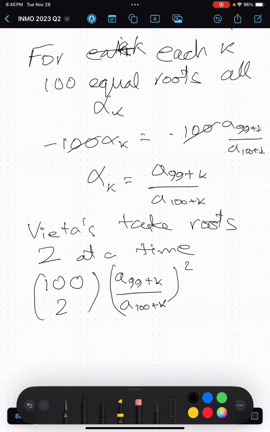And we also know that it is equal to the coefficient of x to the power 98 divided by the coefficient of x to the power 100. So from there we get a 98 plus k by a 100 plus k.